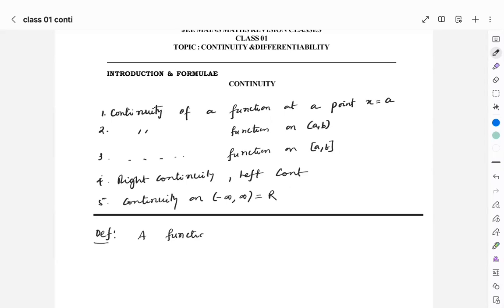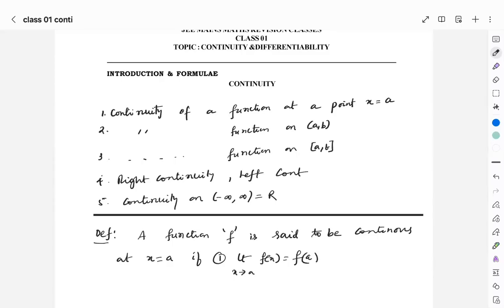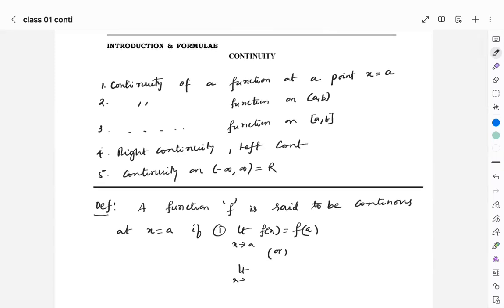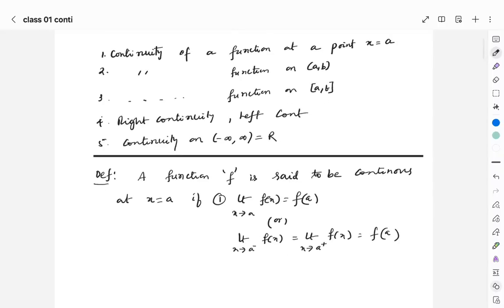A function f is said to be continuous at x equal to a if limit x tends to a of f of x is f of a, or limit x tends to a minus f of x, limit x tends to a plus f of x are equal to f of a. These are theoretical definitions.